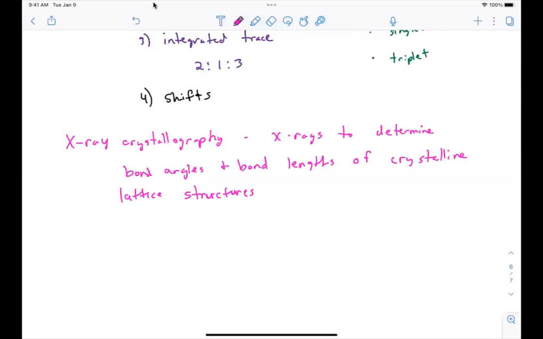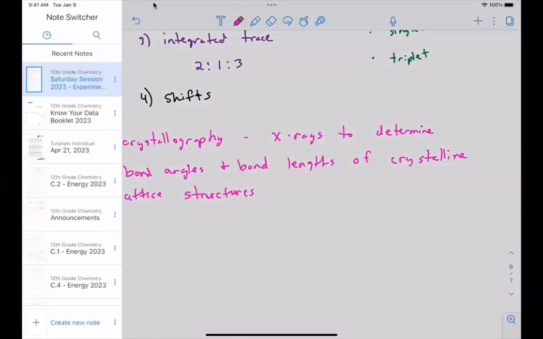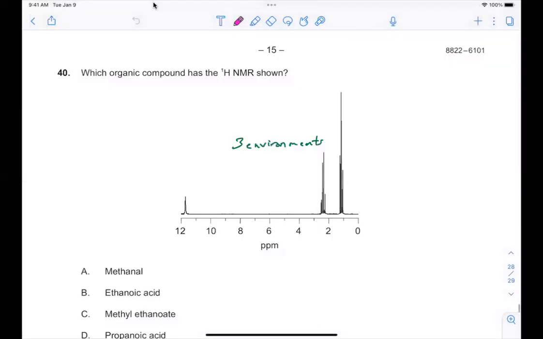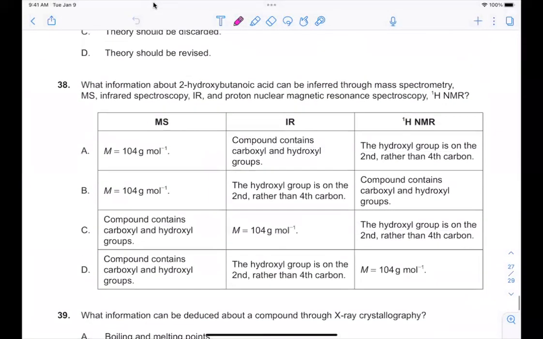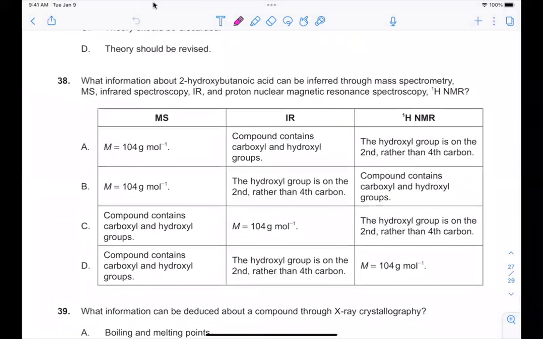Yeah. Those are more practical experiments where you're conducting the whole experiment yourself. So, for example, I think y'all recognize the question they asked on paper 1, like this one. What information about 2-hydroxybutanoic acid can be inferred through mass spectroscopy, infrared spectroscopy, and proton nuclear magnetic resonance spectroscopy?